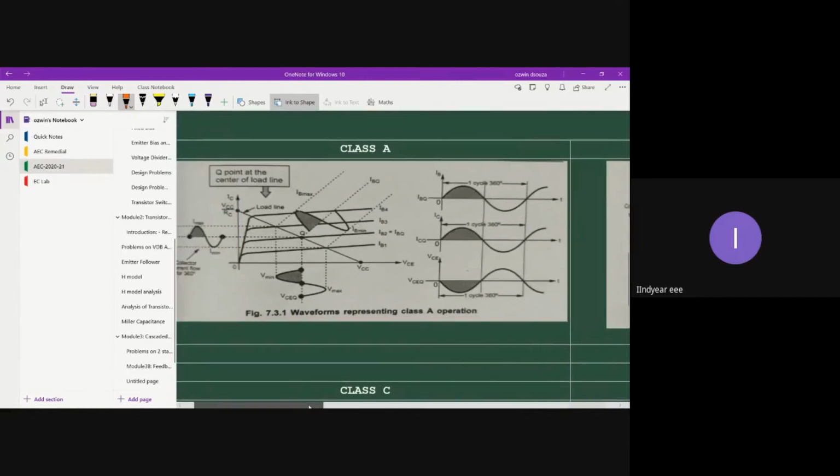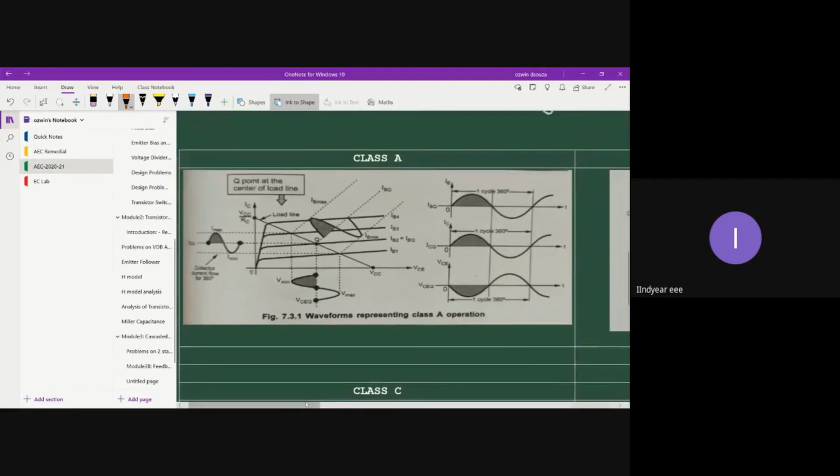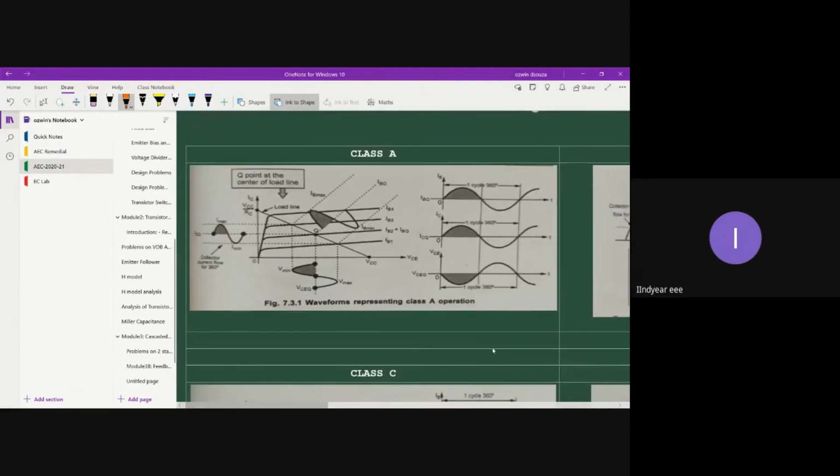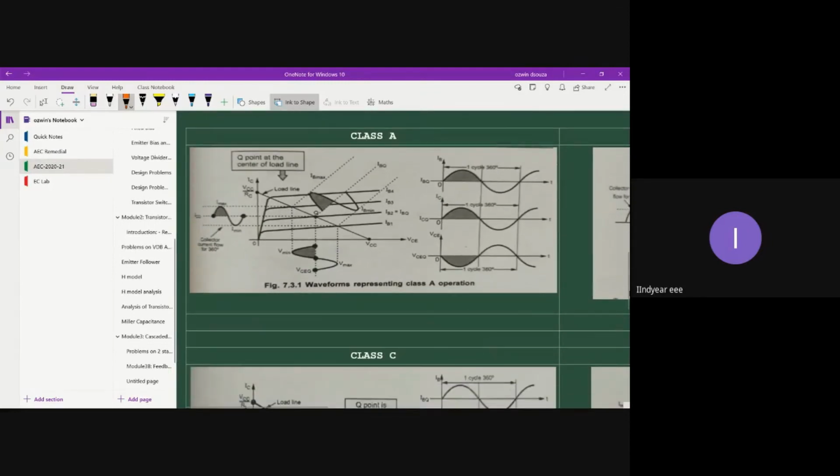Okay, all right. So the very first amplifier that we are going to discuss now is a class A power amplifier. Now, the major feature of a class A power amplifier is the location of the Q point.